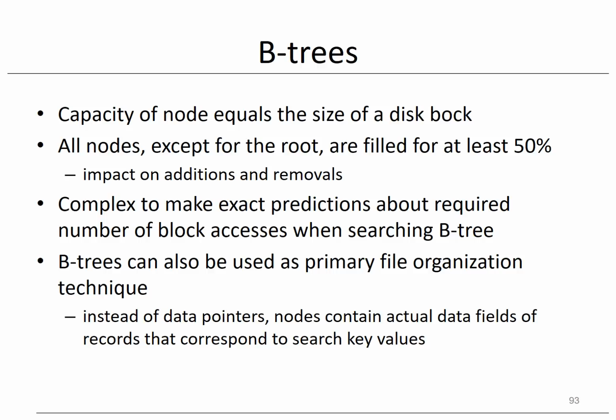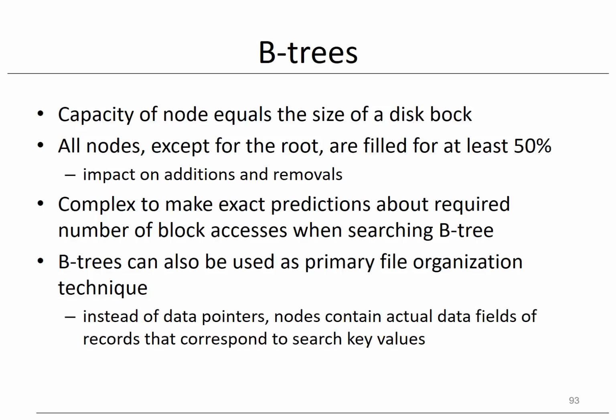Note that the capacity of a node equals the size of a disk block and that all nodes except for the root are filled for at least 50%. Hence, a B tree uses the storage capacity efficiently, but still leaves room for additions to the data file without the need for impactful rearrangements of the index structure.